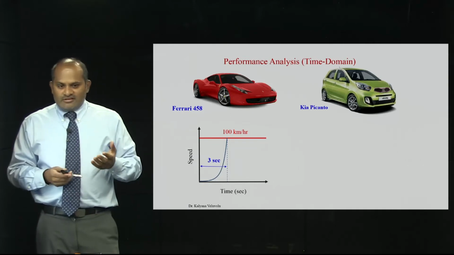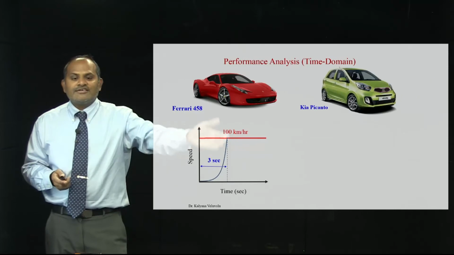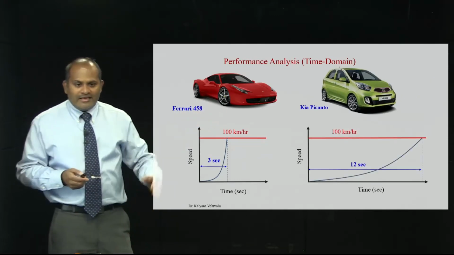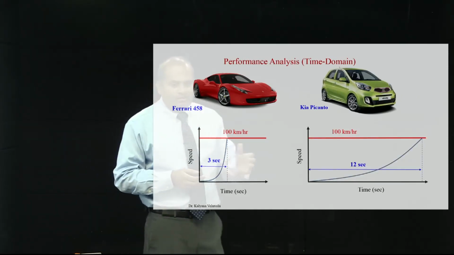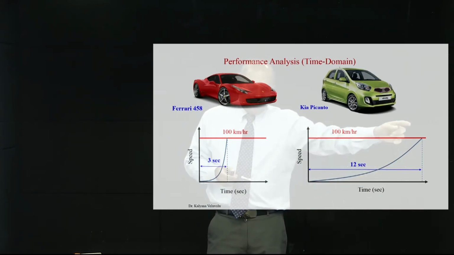So, we can say that the Ferrari can accelerate very fast because of its big engine, whatever, you can see the acceleration. Now, if you take a Kia Picanto, it actually takes more than 12 seconds to reach 100 kilometers per hour. The same 100 kilometers per hour, this car takes almost 12 seconds.